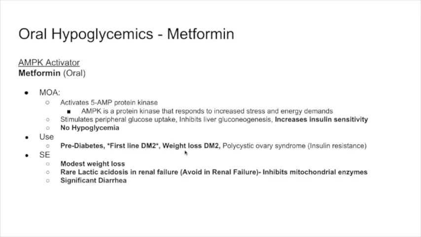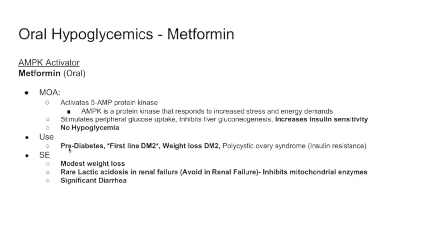It's used for weight loss in type 2 diabetes, and it's also used in type 1 diabetes as well. Interestingly enough, it has been used in polycystic ovary syndrome because, as you know, in PCOS, you have insulin resistance, and that contributes to the pathology of PCOS. So metformin acts to counteract the insulin resistance.